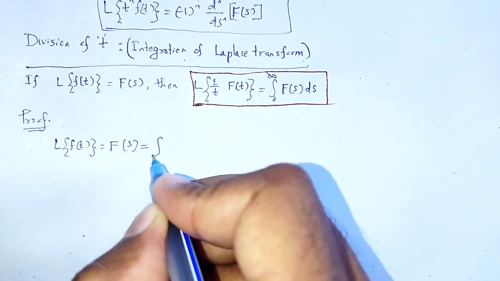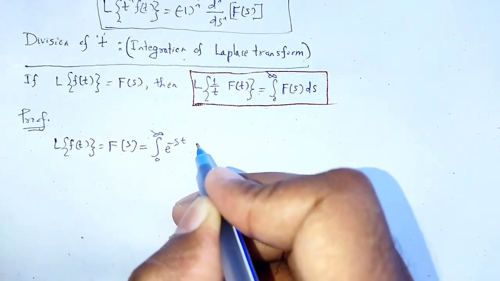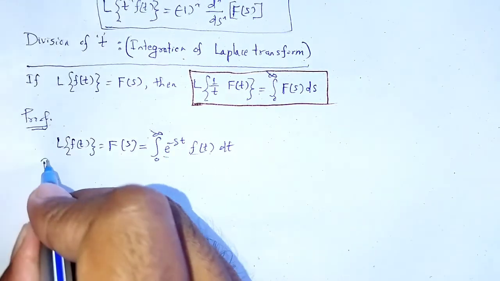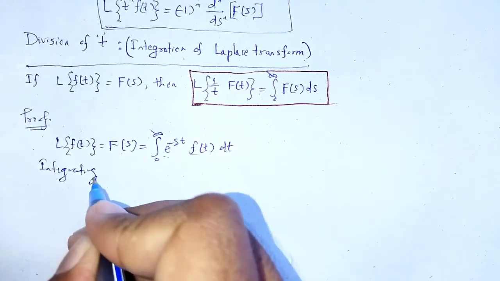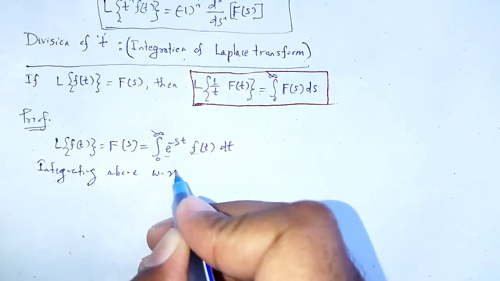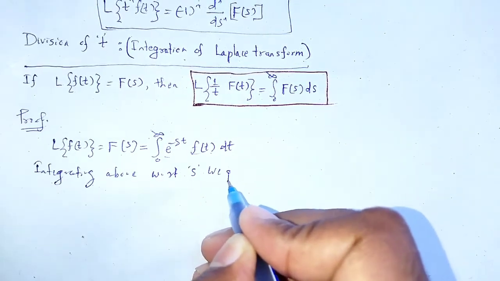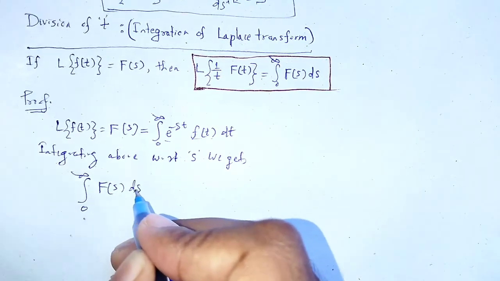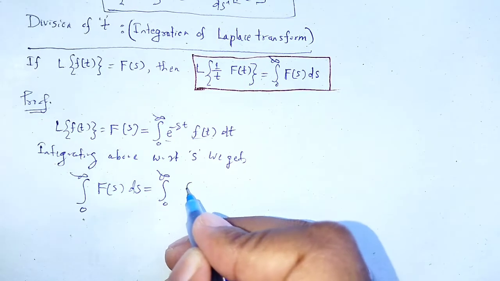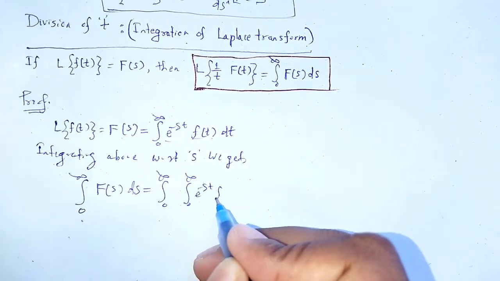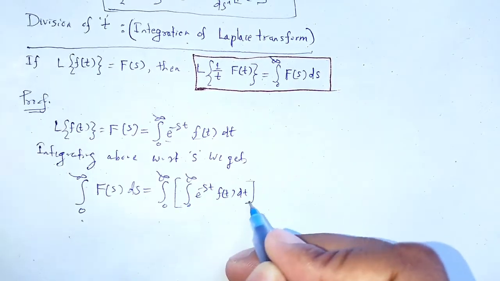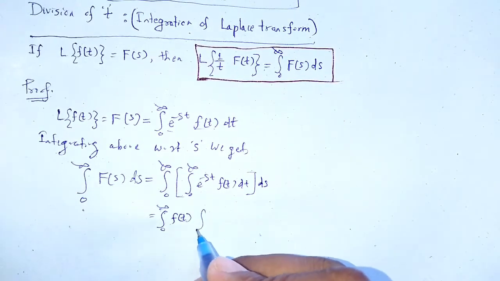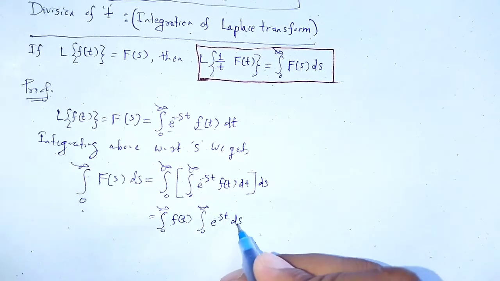From the definition of Laplace transform, the integral from 0 to infinity of e to the power minus st f(t) dt, the given function multiplied with e to the power minus st. Now integrating the above with respect to s, we get the integral from 0 to infinity of F(s) ds, equal to the integral from 0 to infinity of the integral from 0 to infinity of e to the power minus st f(t) dt ds, which is equal to the integral from 0 to infinity of f(t) times the integral from 0 to infinity of e to the power minus st ds.